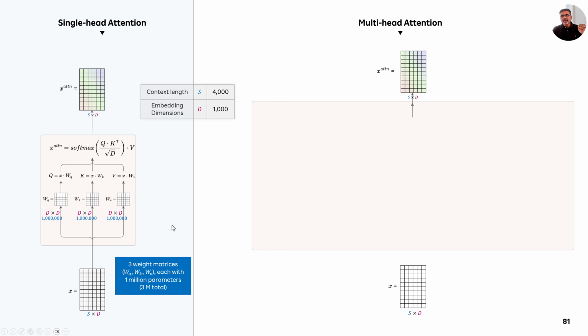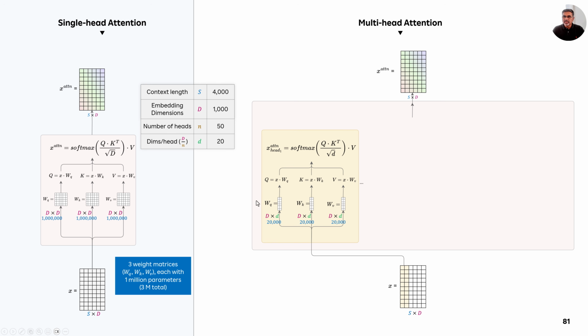So what you do in multi-head attention is you take the same X, and then you slice this matrix by the total number of dimensions. Let's assume, just as a picture, that we have 6 total dimensions, not 1000, just so that I can draw it out easily. Now the first 2 dimensions you pass along to a self-attention module.